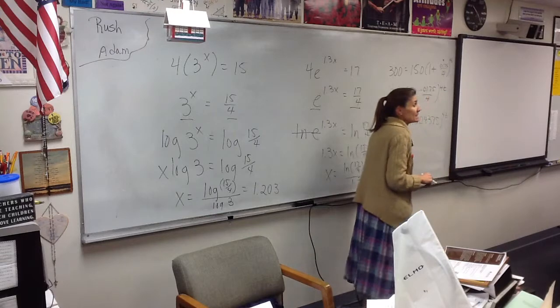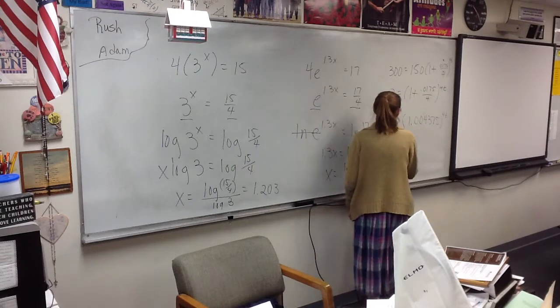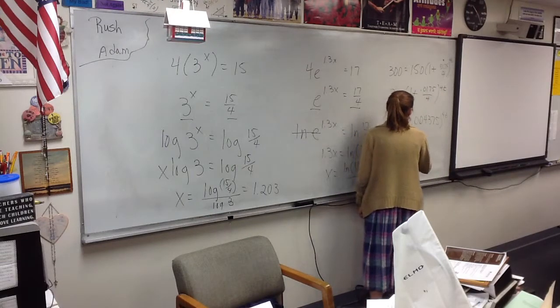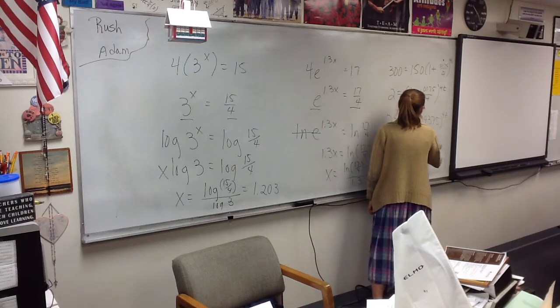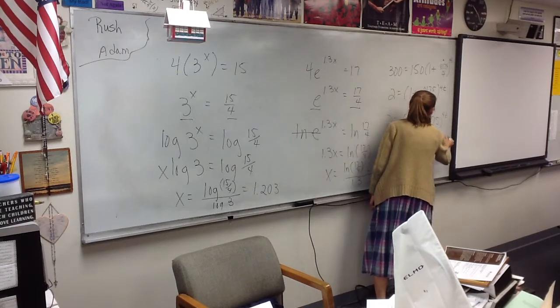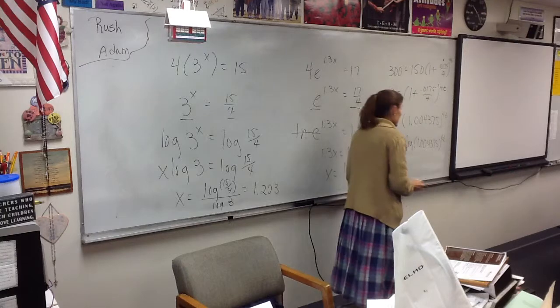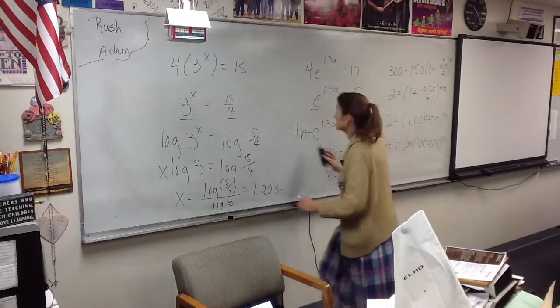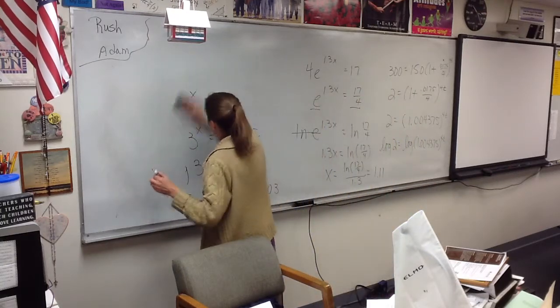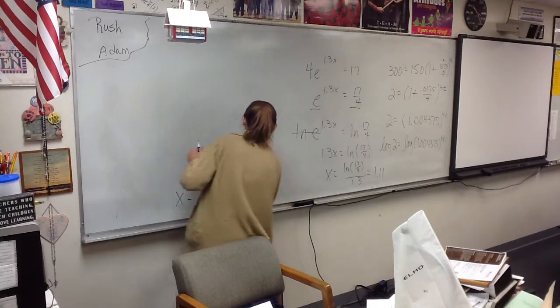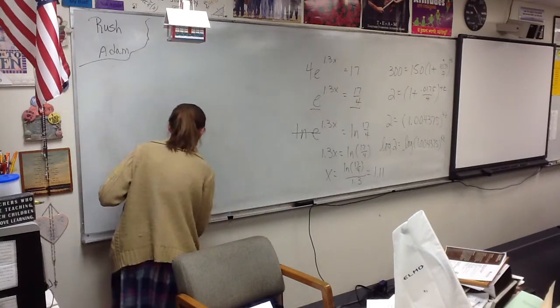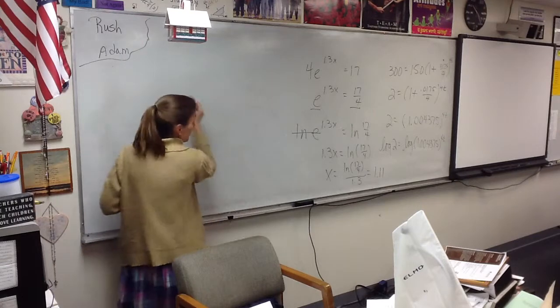So Maya, I'm going to need to take the logarithm of both sides at this point. And the reason I am doing that is, what will happen to that exponent? That exponent comes out in front.